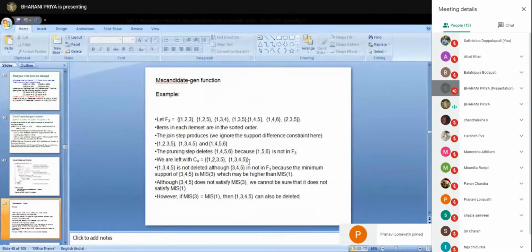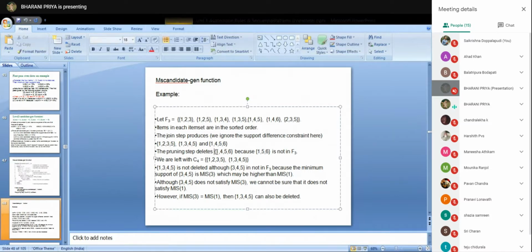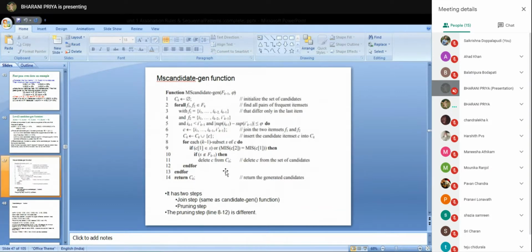Take the example, we are removing 1, 4, 5, 6. The first element, that is 1, C of 1, is equal to this one. If you see, C of 1 belongs to S and MIS of C2 is equal to MIS of C of 1.